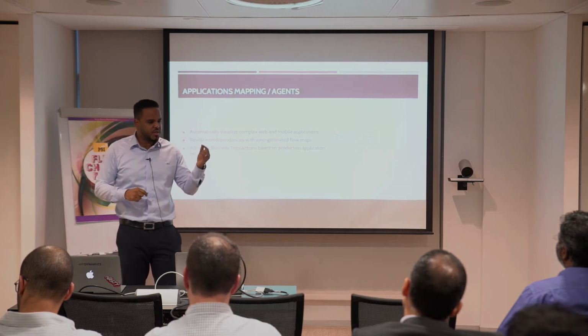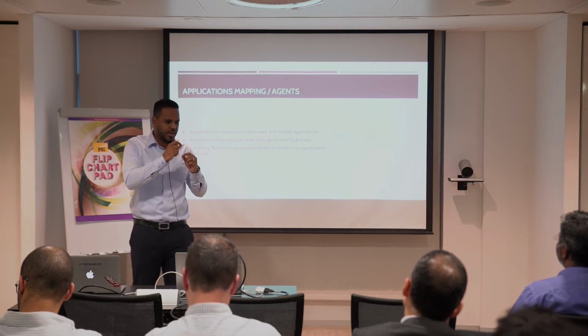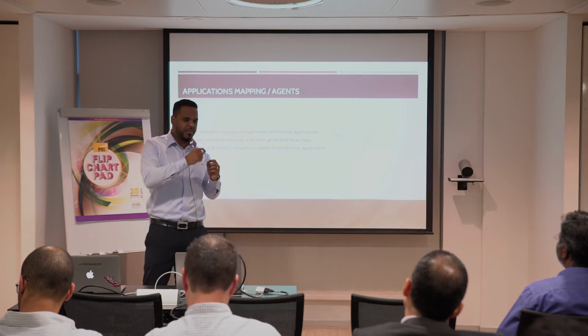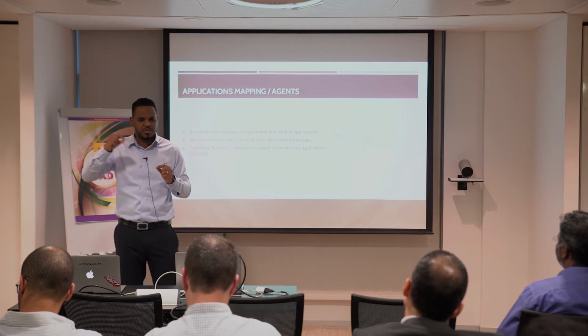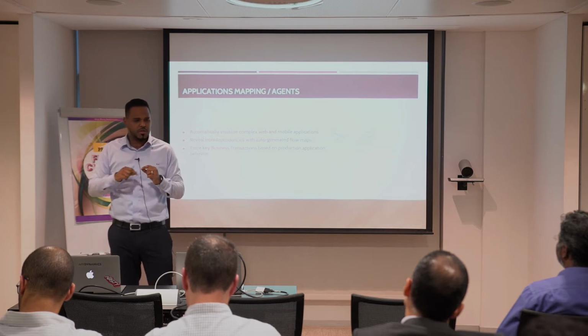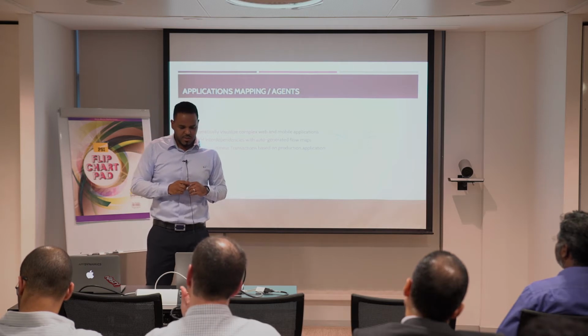The agents identify all the transactions as business transactions, and it has a mechanism of knowing the entry point and exit point of each application server, or each transaction that goes through an application server. So this is one of the good features.